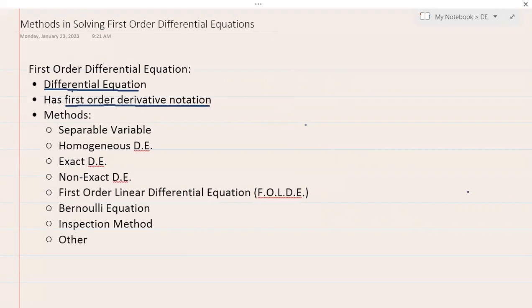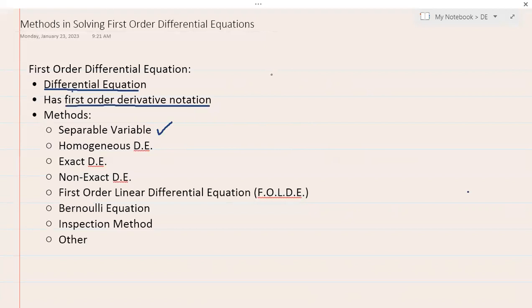Now, we know already kung ano yung idea ng first order differential equation at saka yung mga example niya. Now, let's proceed sa mga methods. So, the first thing we're going to discuss is a separable variable. Ang separable variable is basically, on both sides, dapat magka-partner yung dalawang variable. Hindi, wait lang.